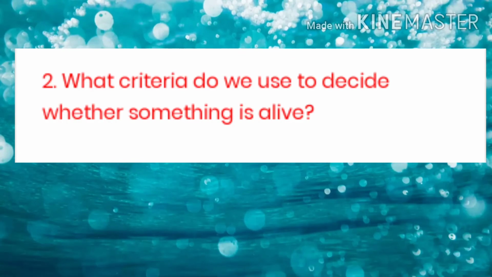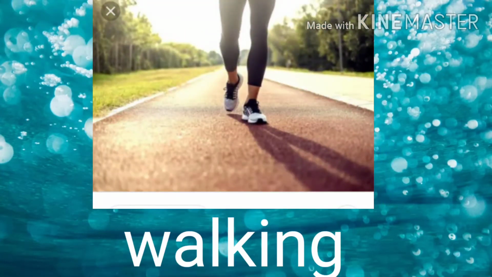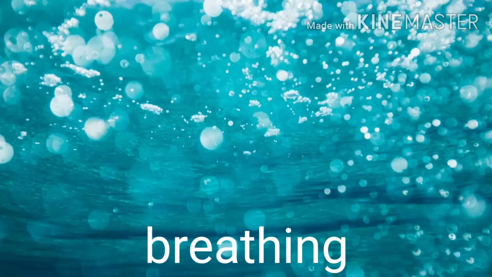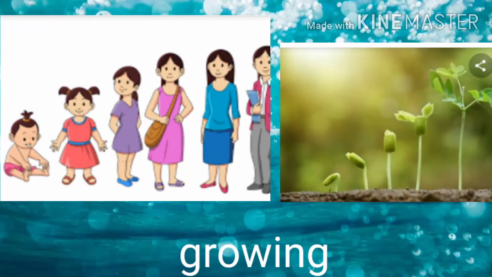Let us discuss the second question. What criteria do we use to decide whether something is alive? Let us discuss the answer. So the answer is, any visible movement such as walking, breathing or growing is generally used to decide whether something is alive or not.